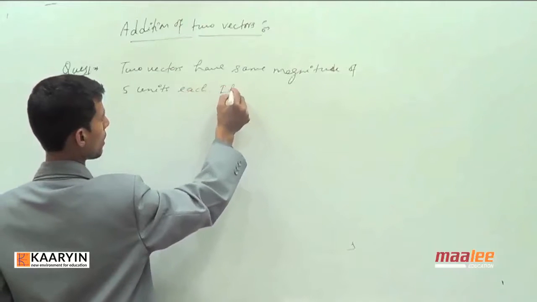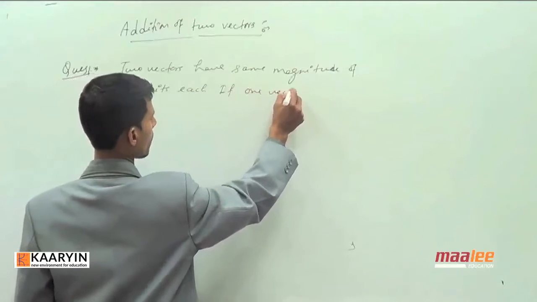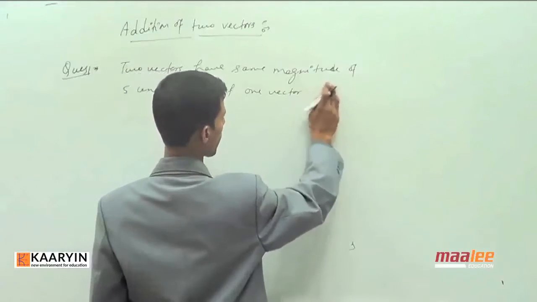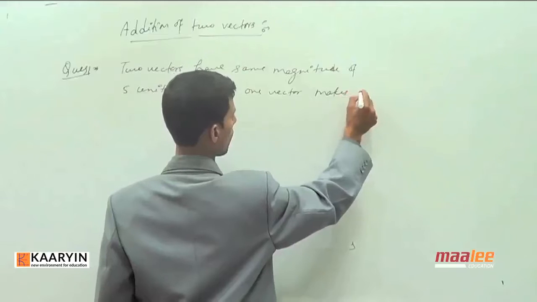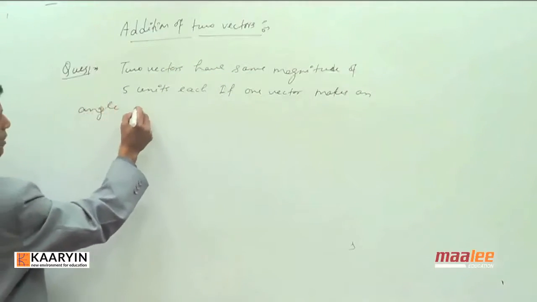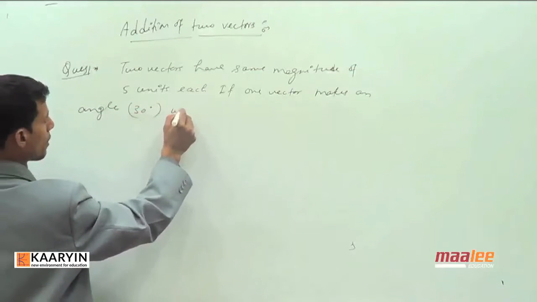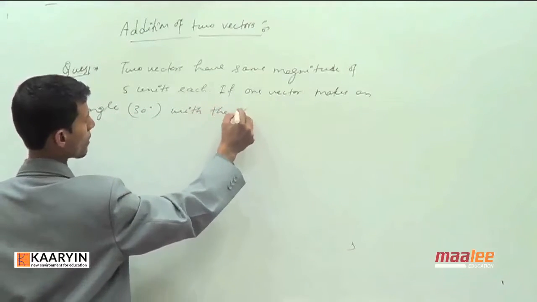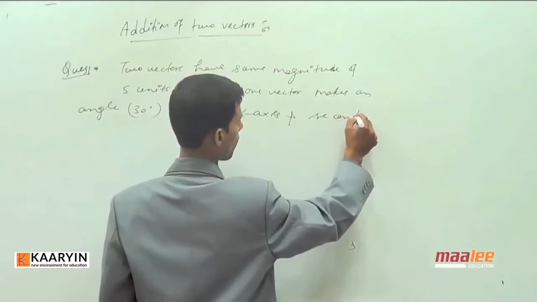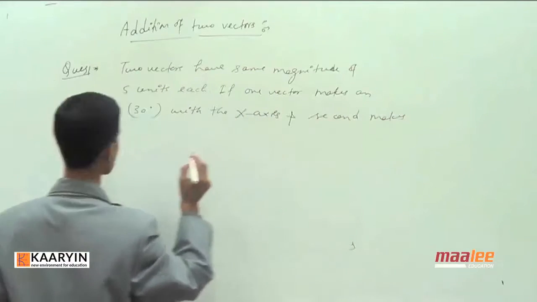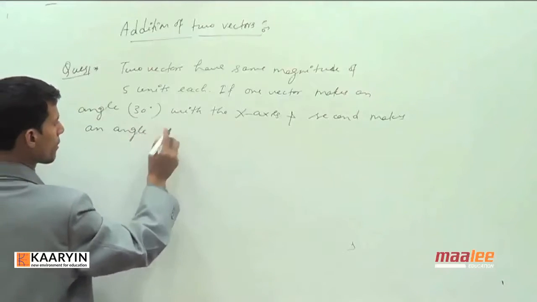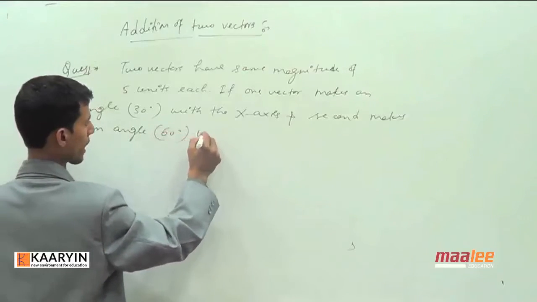One vector makes an angle of 30 degrees with the x-axis and the second makes an angle of 60 degrees with the x-axis.